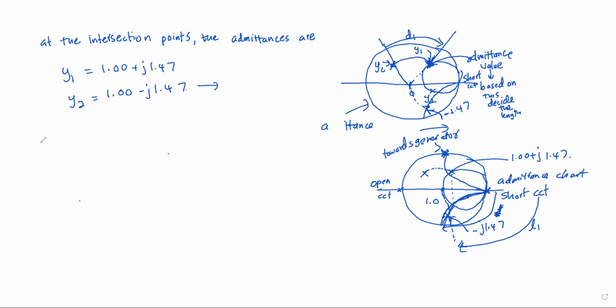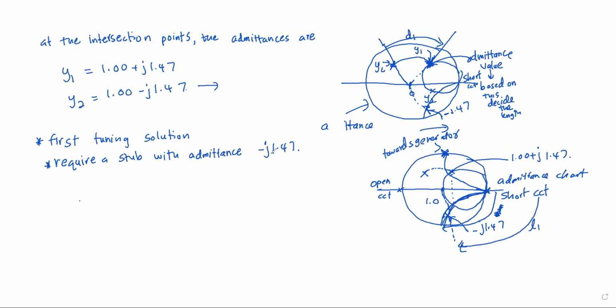The first solution, the first tuning solution, will require a stub with admittance value of minus j 1.47.